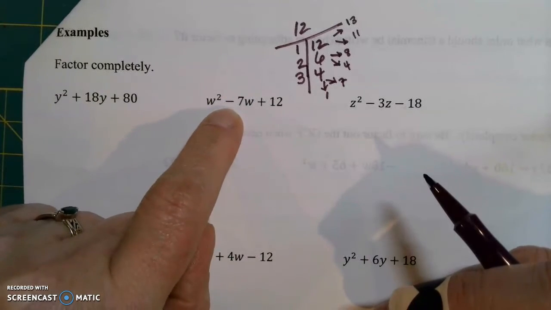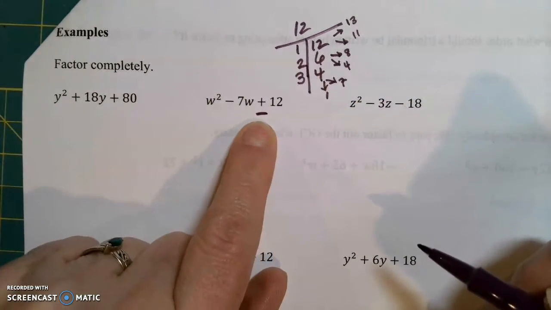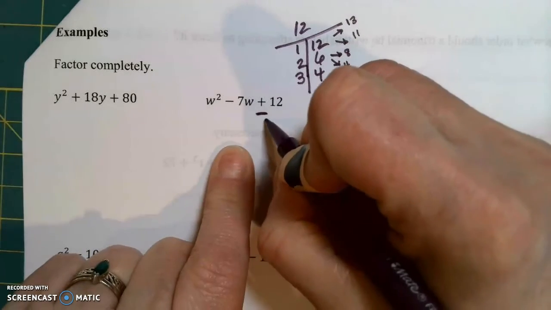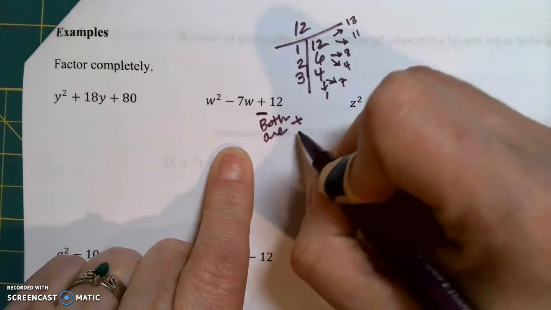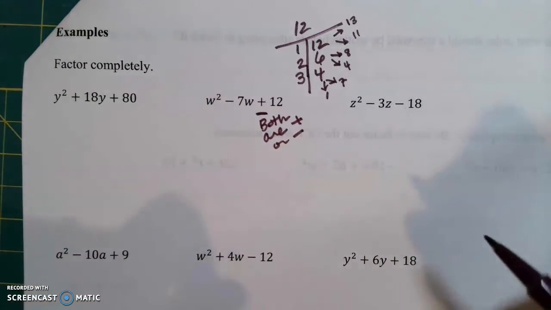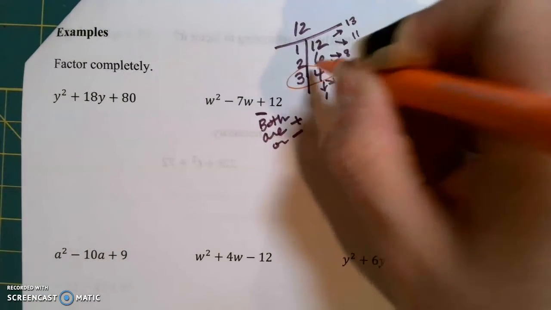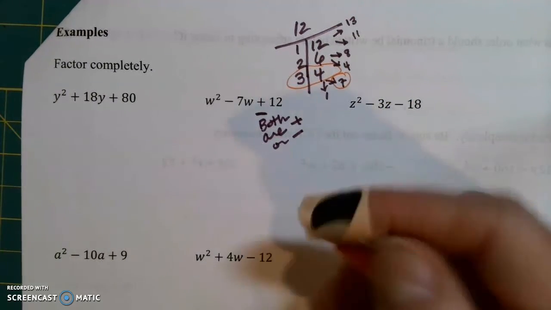This one has a negative middle term, but our final term is addition. Our 12 is positive, so that means both are either addition or subtraction, in both binomials. So the one that's going to work here is, of course, the 3 and the 4, because if I add those together, I get 7, which is that middle coefficient there.